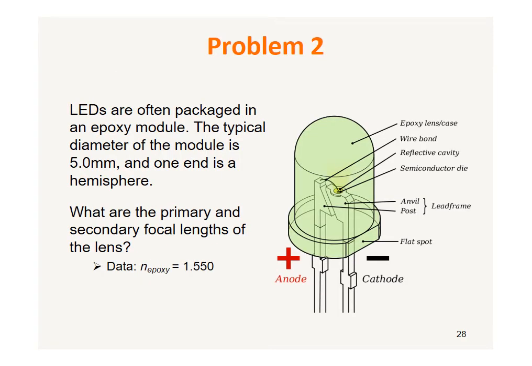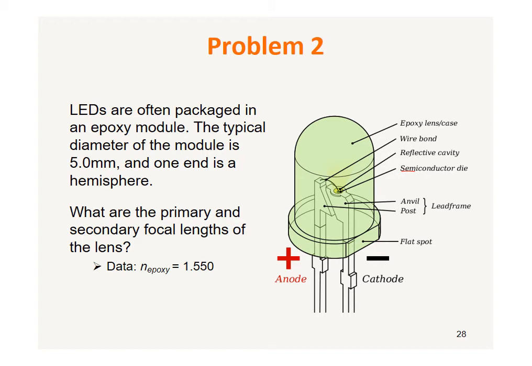So in this problem, you are going to look at an LED. I'm sure you've seen this kind of thing before. You can see that the little semiconductor die which emits the light is just that tiny, tiny little chip down there.